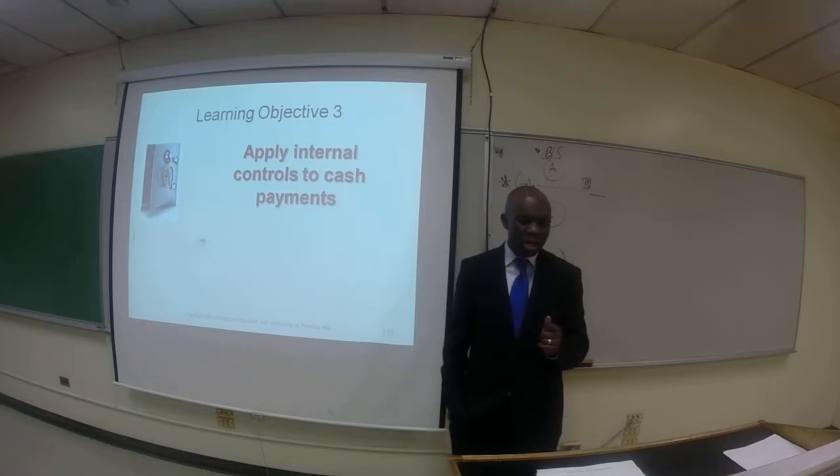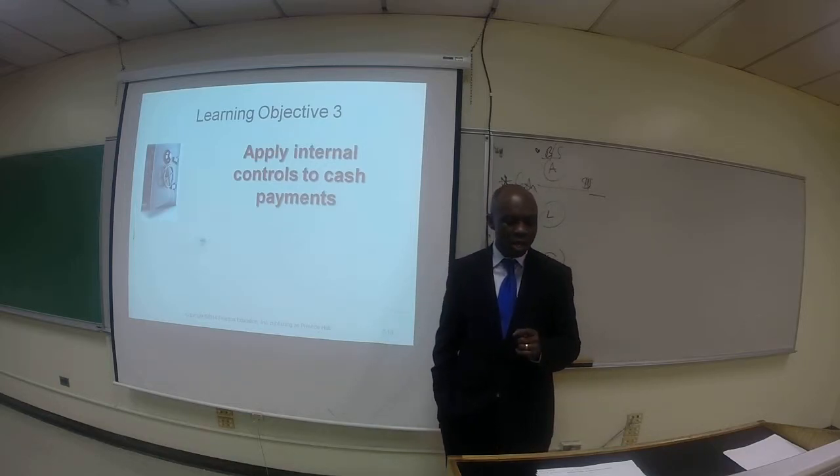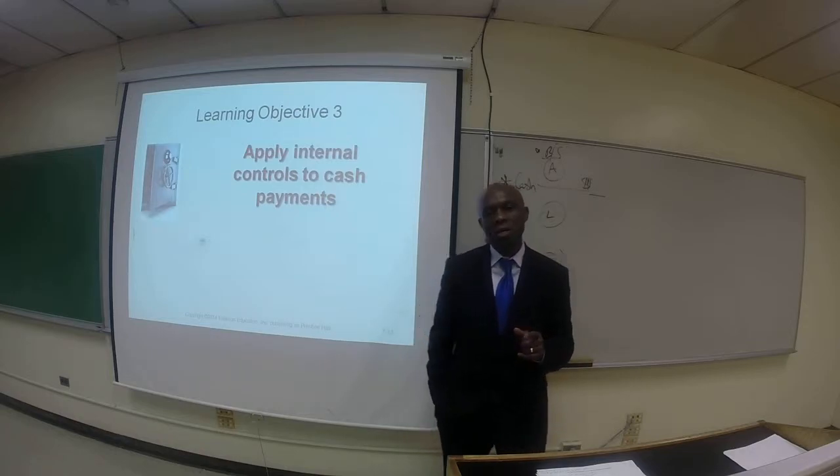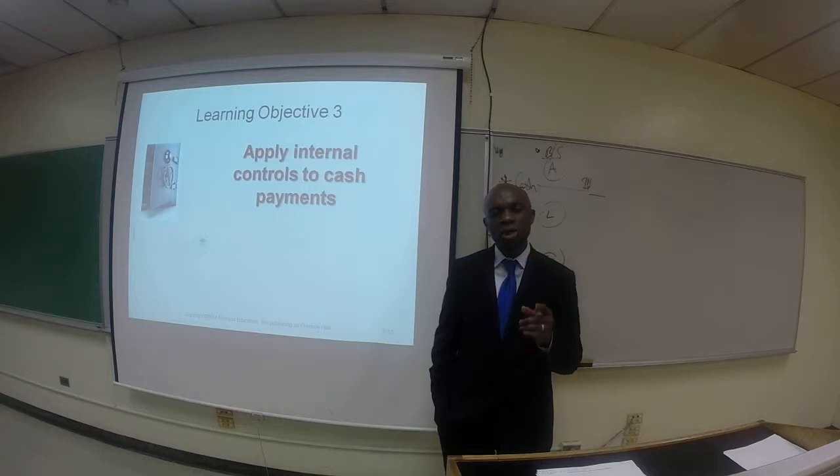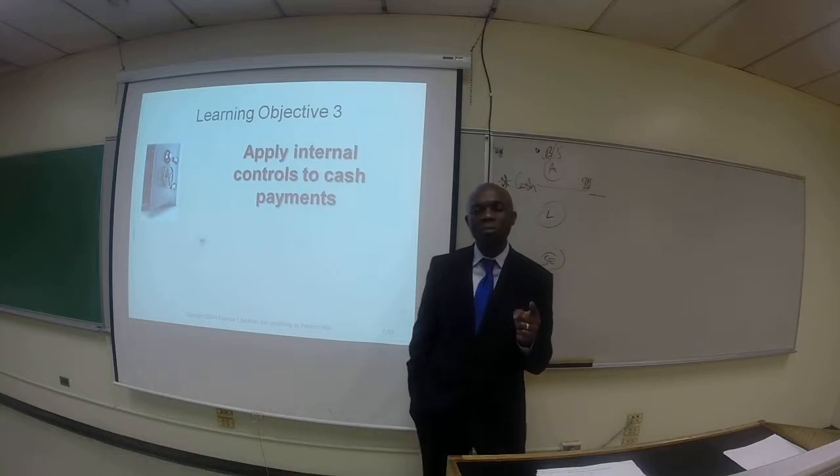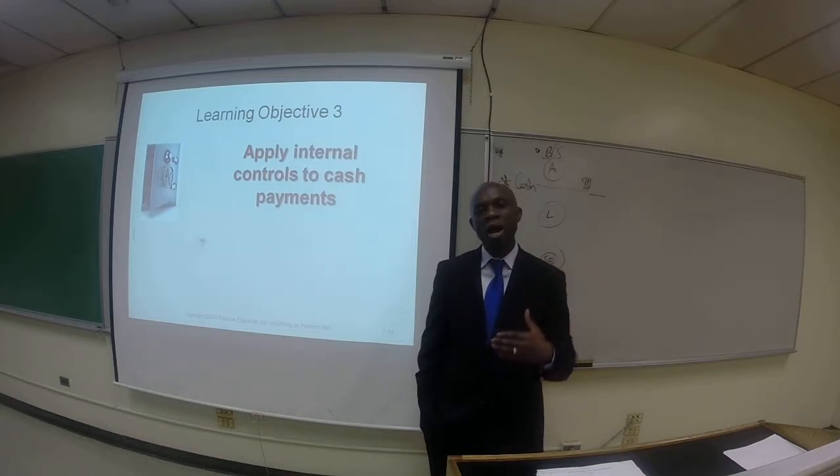Now, here is what I advise my small business owner clients. I say to them, okay, you have one person doing all these functions. The least thing you can do is have your bank statement mailed to your house.